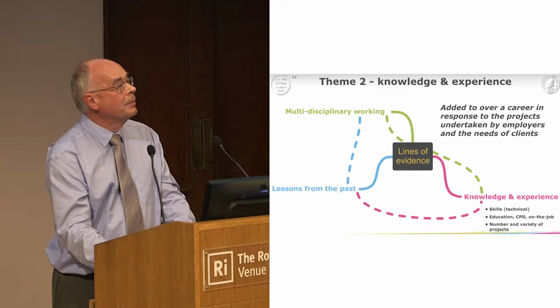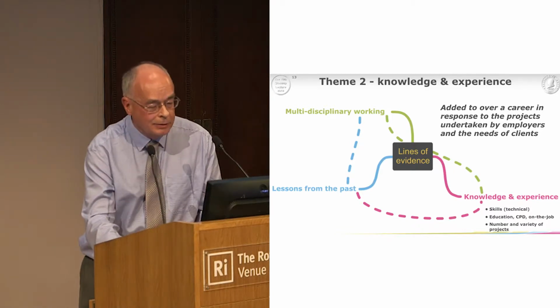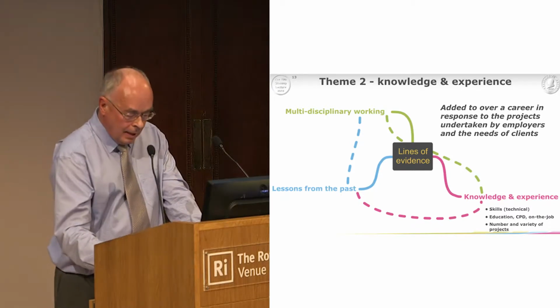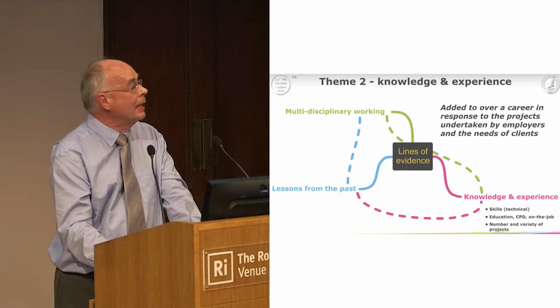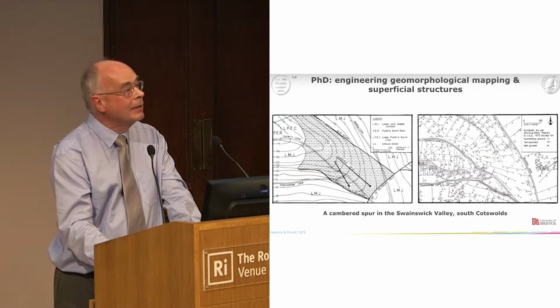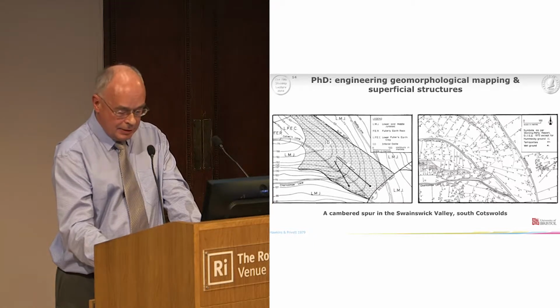Now, my own experience started in 1977 with my PhD, as Matt's just told you. I was using engineering geomorphological mapping, which was a relatively new topic in those days. The first UK maps had been published about 1972.